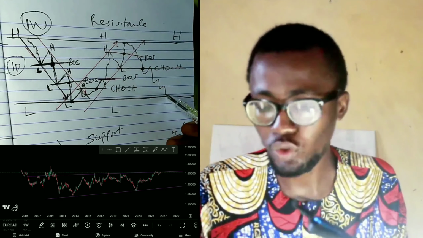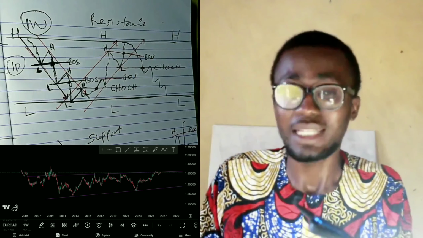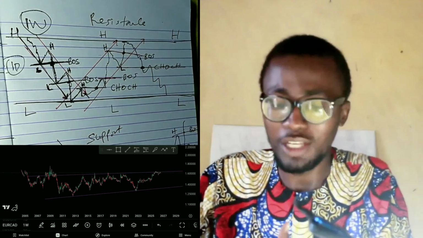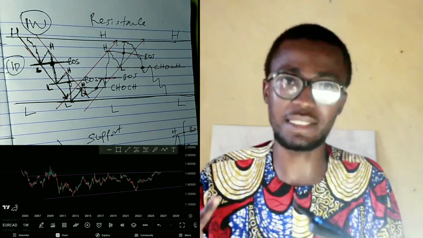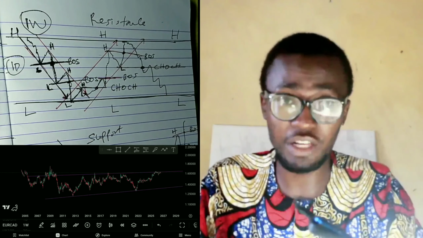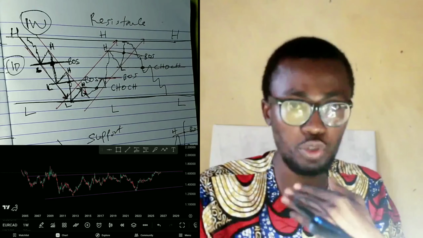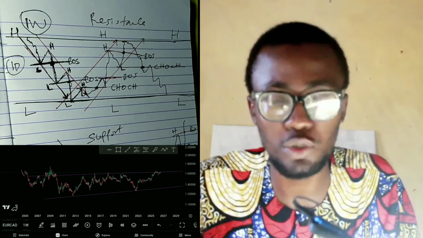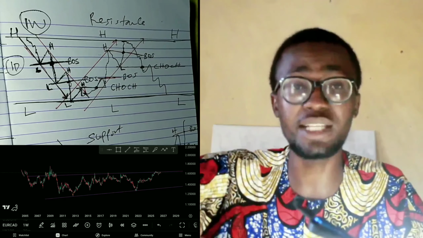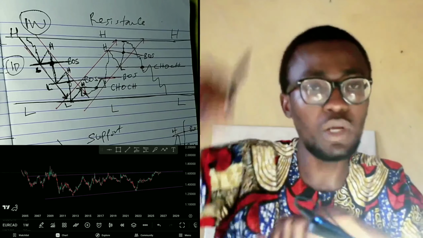So these are the basic things that you need to understand: the higher time frame makes the lower time frame reverse. Hope you understand. When the lower time frame is going up, once it gets to the resistance of the higher time frame, it will reverse and start going down.